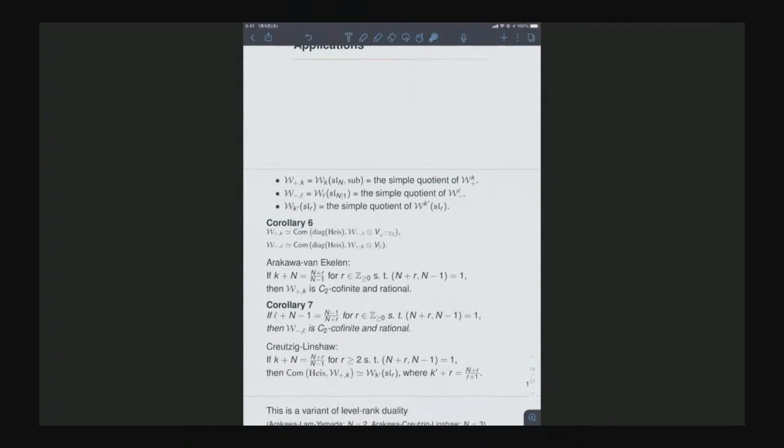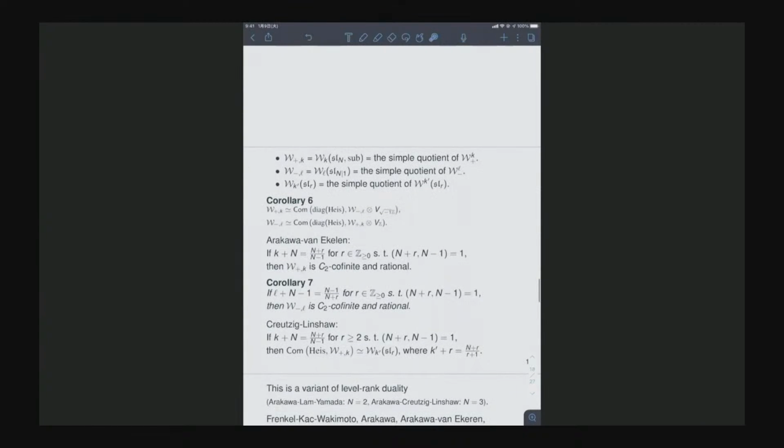And we introduce W_{K'}(sl_N) is a simple quotient of principal W-algebra. Then, first of all, we can prove that in the simple quotient level, we also have duality. I mean, our duality isomorphism is a functor to the simple quotient.